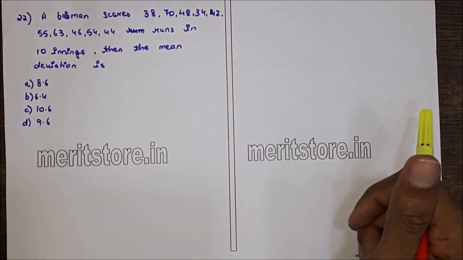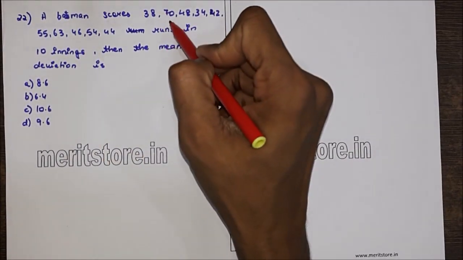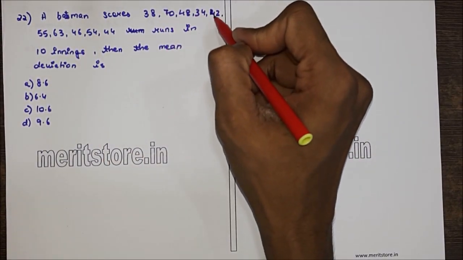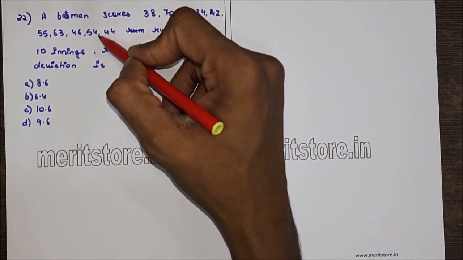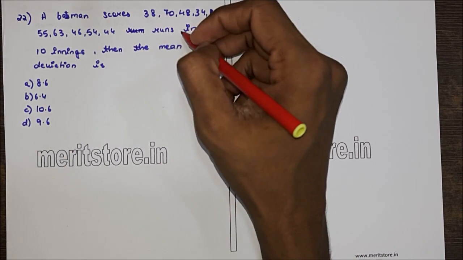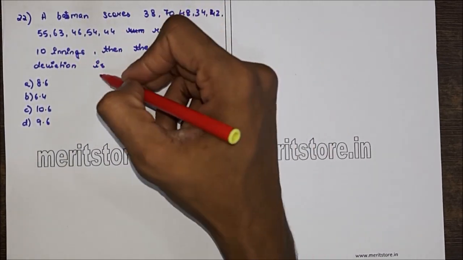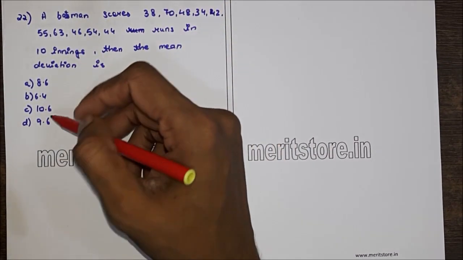A batsman scores 38, 70, 48, 34, 42, 55, 63, 46, 54, 44 runs in 10 innings. Then the mean deviation is, we are given four options.